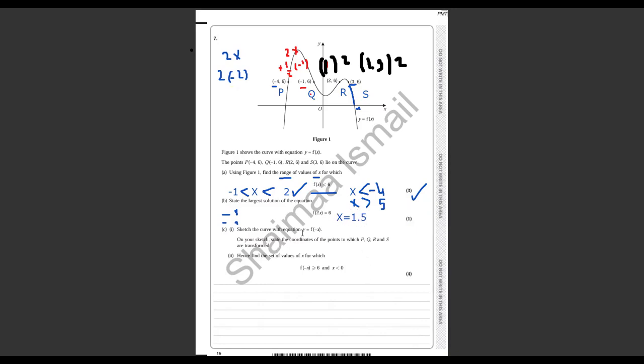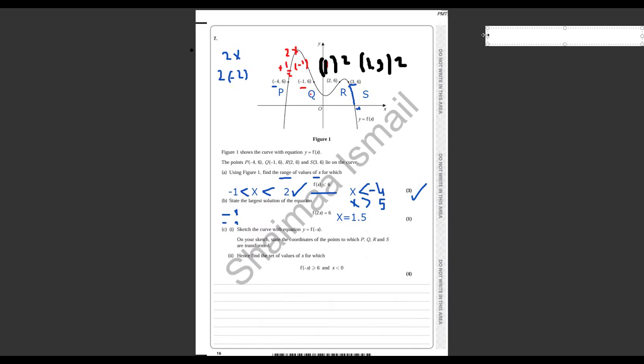Okay, sketch the graph y equal to f of negative x. So he needed f of negative x, so we're going to put a negative sign for each x coordinate.